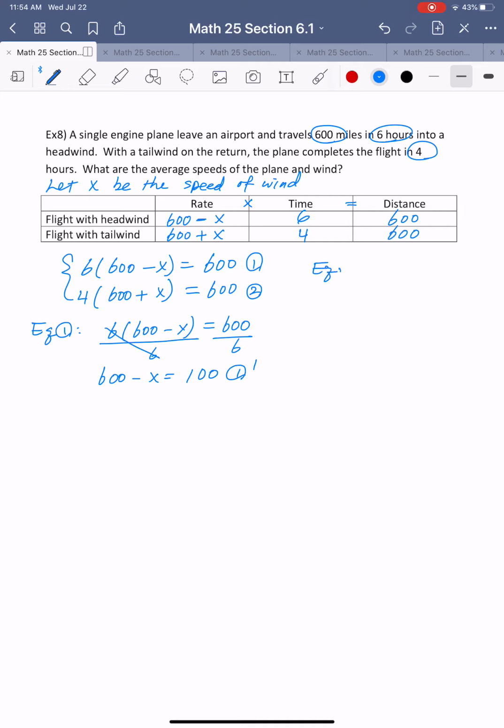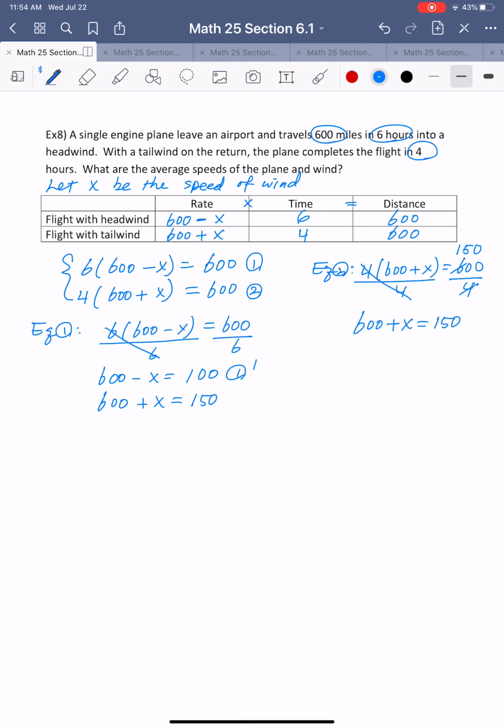And equation 2, 4 times 600 plus x equal to 600. And then I'm going to divide by 4. Then I got 600 plus x equal to 150.